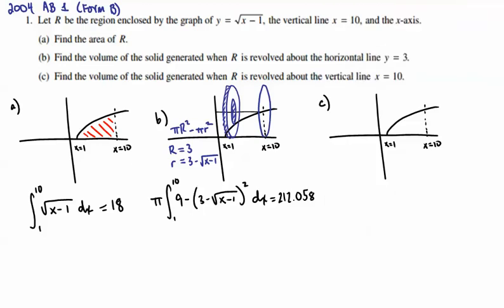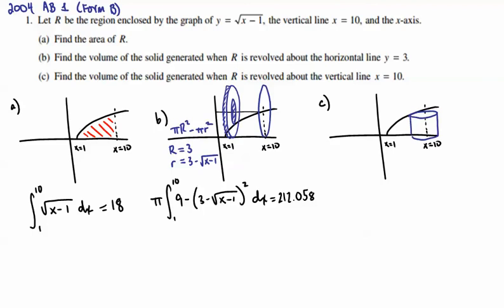Now for part C, we want to take the same area, and this time we want to revolve it around the vertical line x equals 10, which is already on our graph there. And so this time we're going to use cylindrical shells to accomplish this.